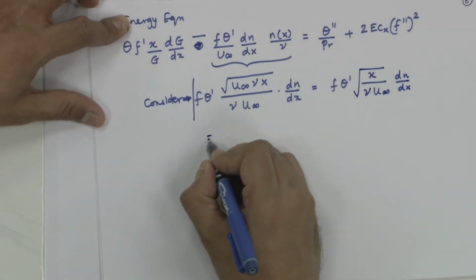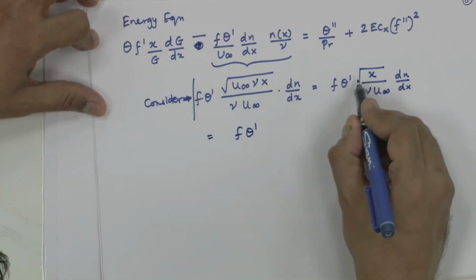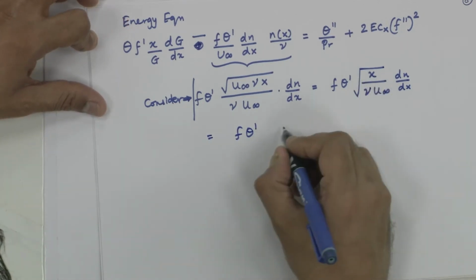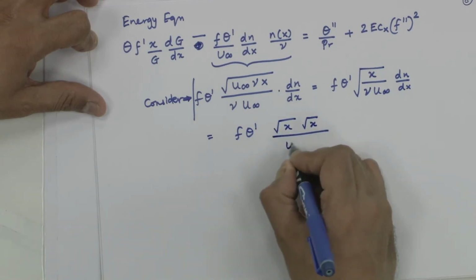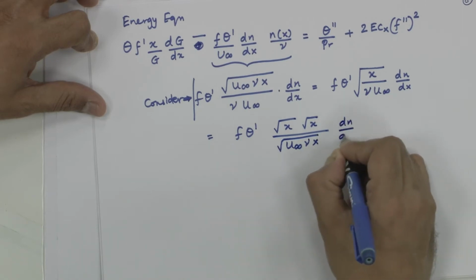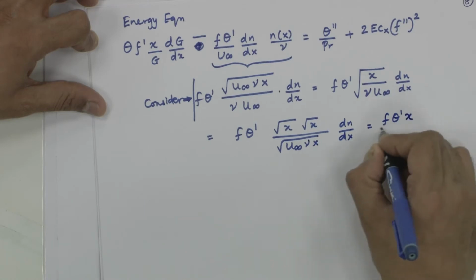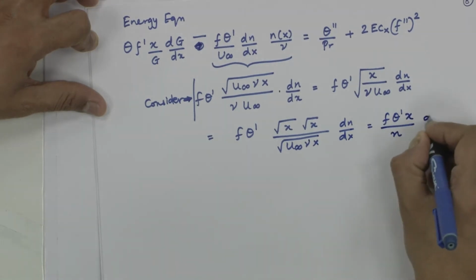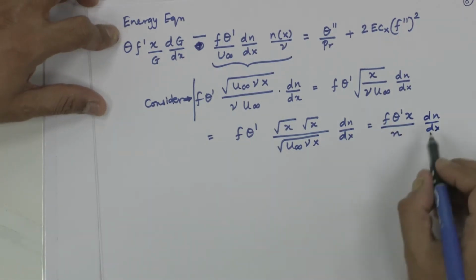You multiply both sides by root x, so you would get root of x into root of x divided by u infinity nu x. This is f theta prime x divided by n dn by dx, f theta prime.